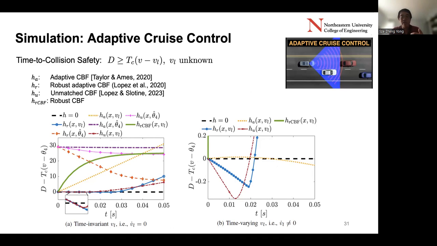Actually all three of them, the adaptive methods, yellow, blue, and red, all dip under the safety boundaries. So they are not safe. We can find conditions for which they are not safe. Sometimes they can be safe if they are lucky, but it's not guaranteed. Whereas in our case, we can guarantee that the green line, which after you zoom in you cannot really see anymore, is always going to be safe.